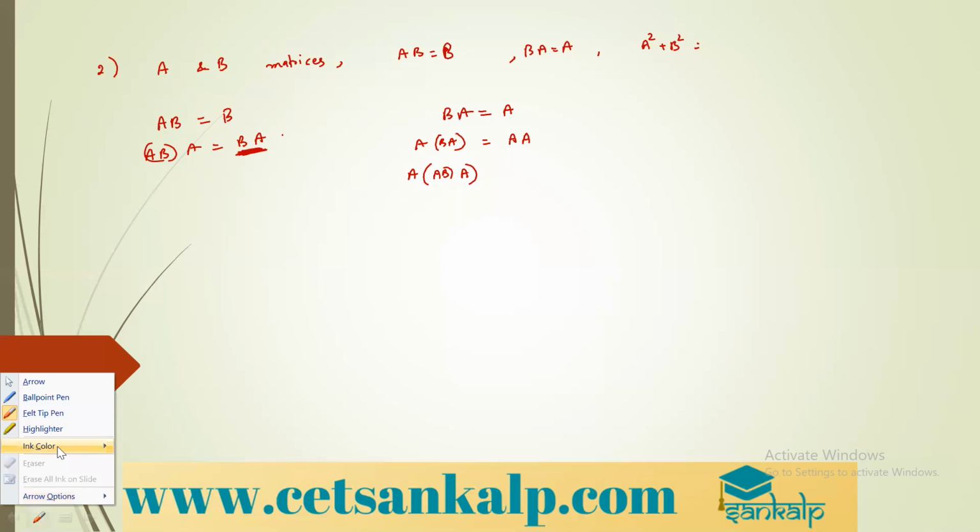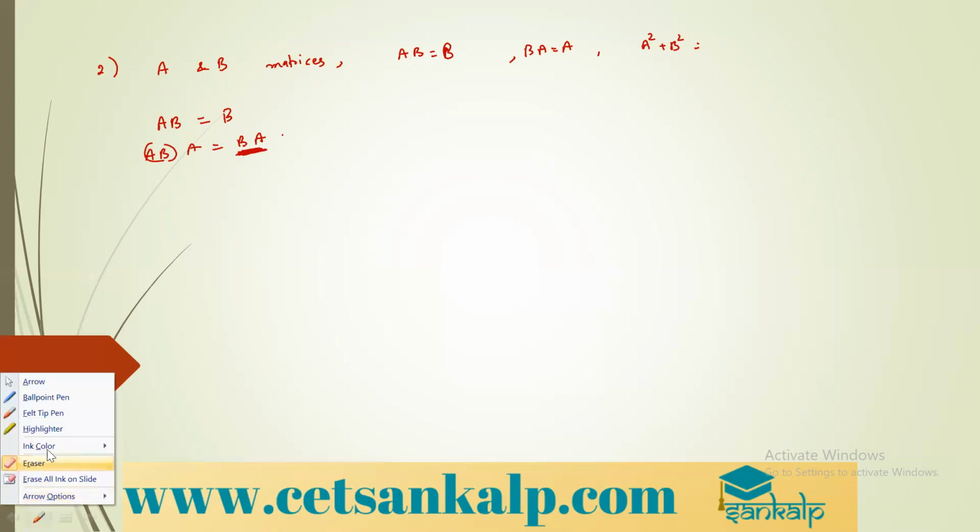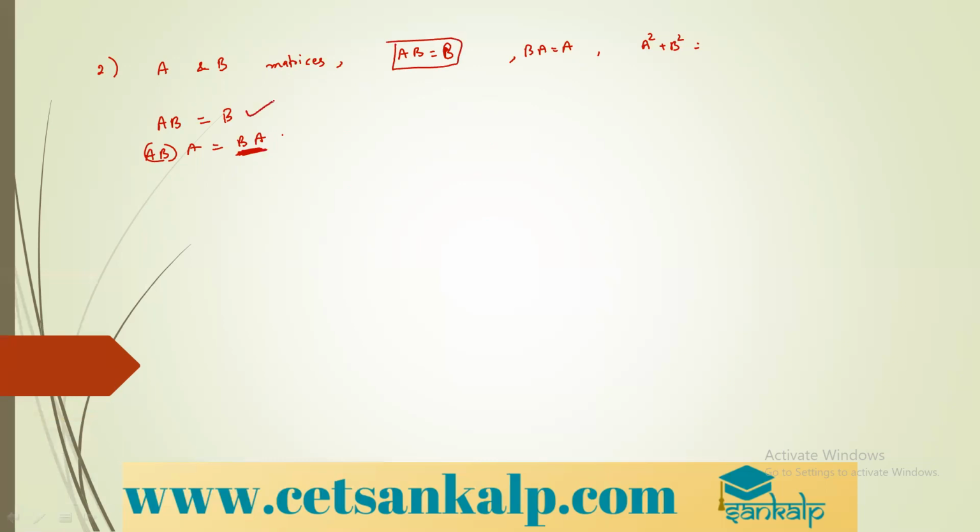See, what I am saying is, let me show you. First, take care on this part which I did. First, try to understand this. It is given that AB is equal to B. So I have taken AB equal to B. Now, both the sides I am multiplying by A. Now AB into A equal to BA.